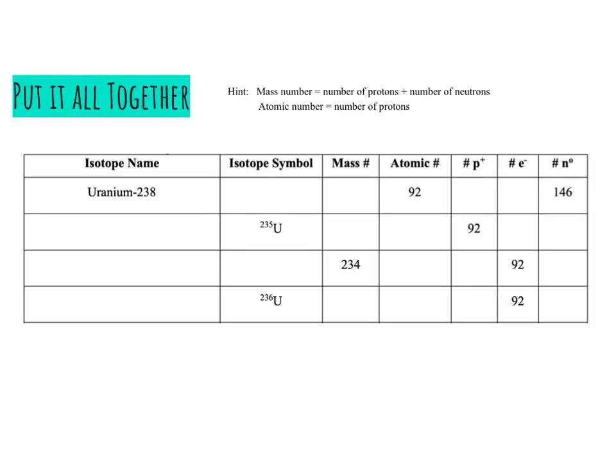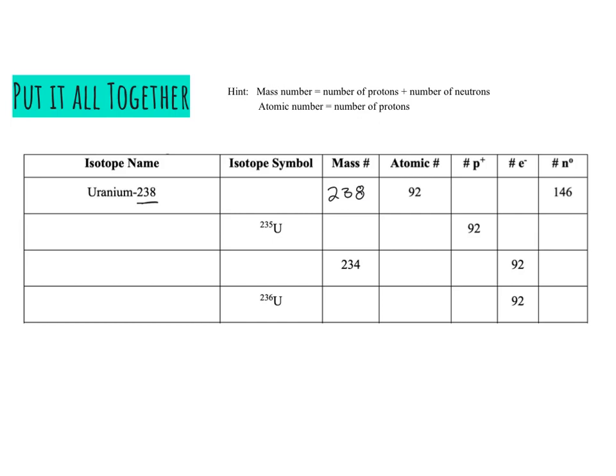So now let's put it all together. We've learned about isotope symbols, mass number, atomic number, and then how to find the number of each of these subatomic particles. So let's start with uranium-238. We know that this number at the end is that mass number, so we can just plug that right into our chart, 238. And then now we can write that isotope symbol because all we need is the mass number and the atomic number.